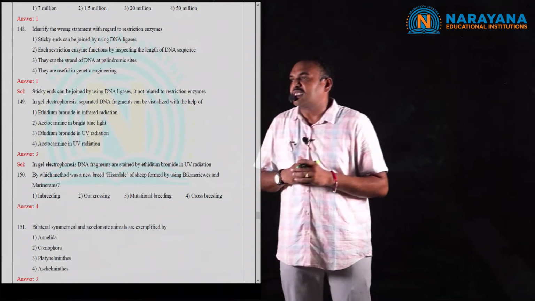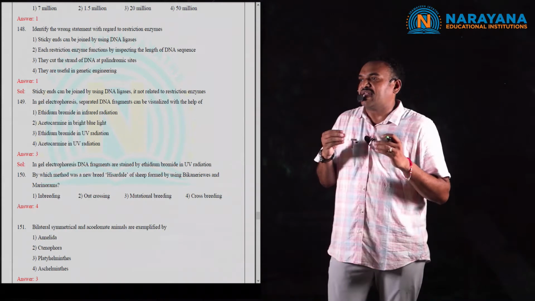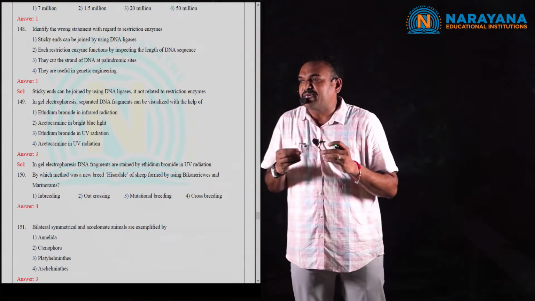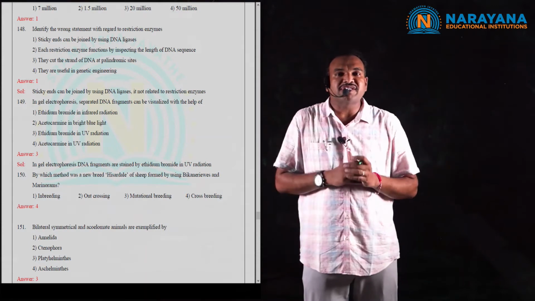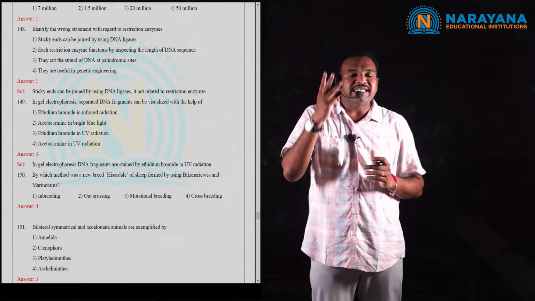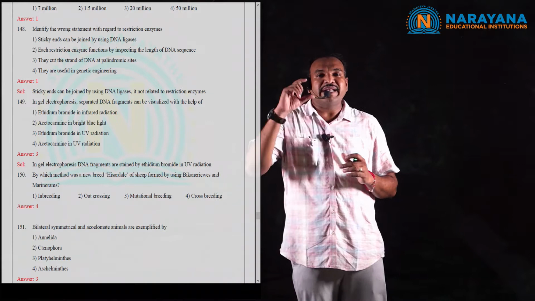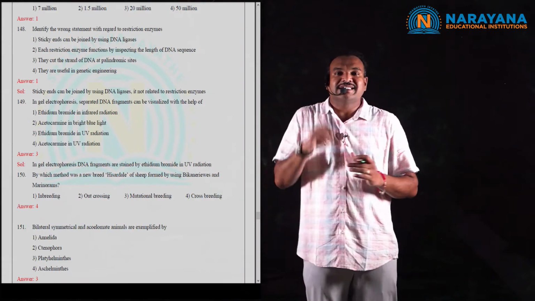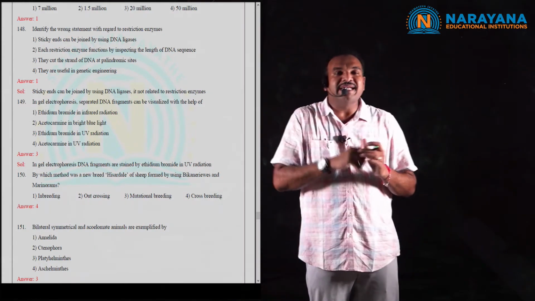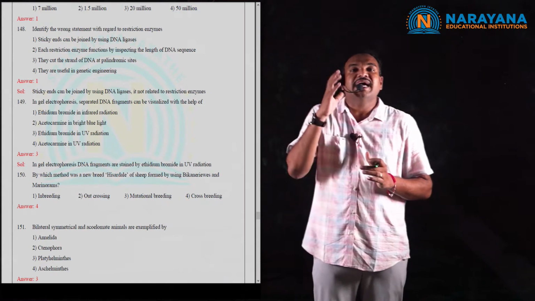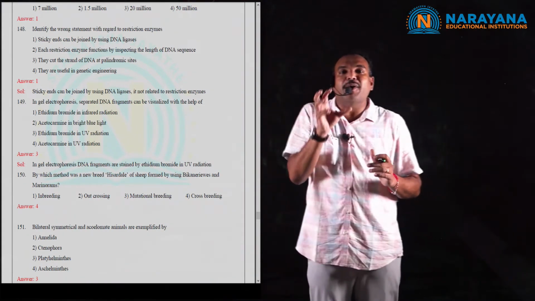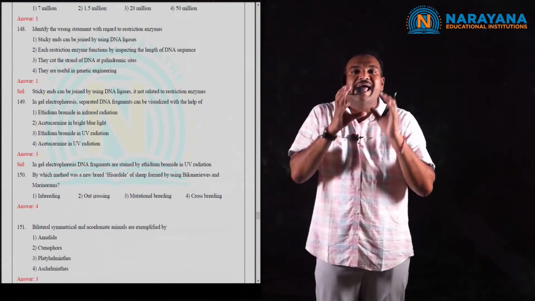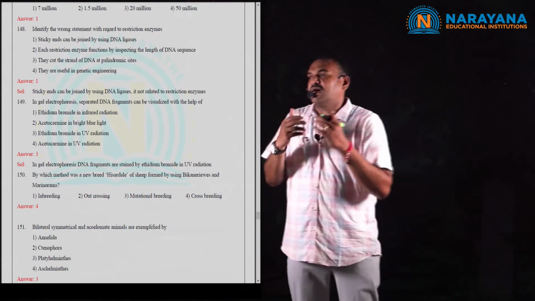And second option, each restriction enzyme functions by inspecting the length of the DNA sequence. Yes, during action of restriction enzymes on a DNA molecule, three events are present. One is inspecting the length of the DNA, second is binding the DNA to the palindromic sequence, and third is cutting. Inspection, binding, cutting. These are the three important events involved in restriction enzyme action.